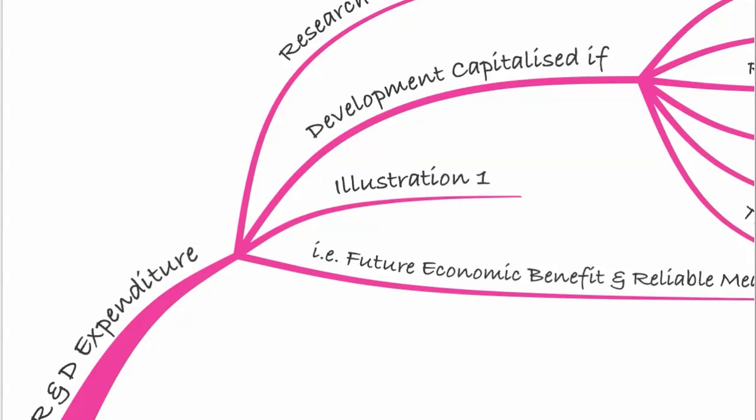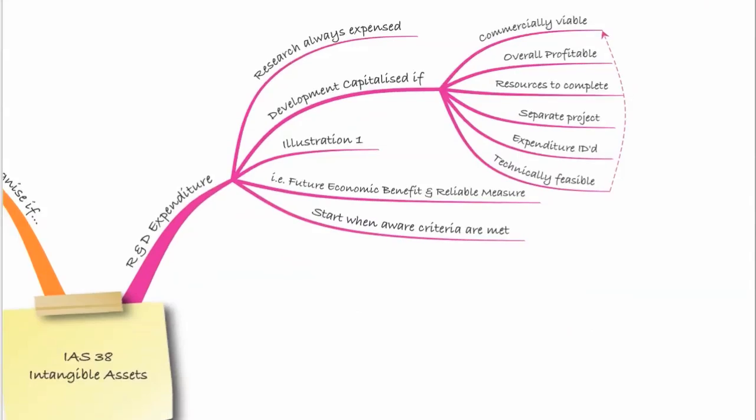Now that we understand the recognition criteria for intangible assets, and we know the difference between research and development expenditure, there are just a couple of technicalities I want to point out before we move on. Number one, we start the capitalization of development expenditure when we become aware that the criteria have been met.